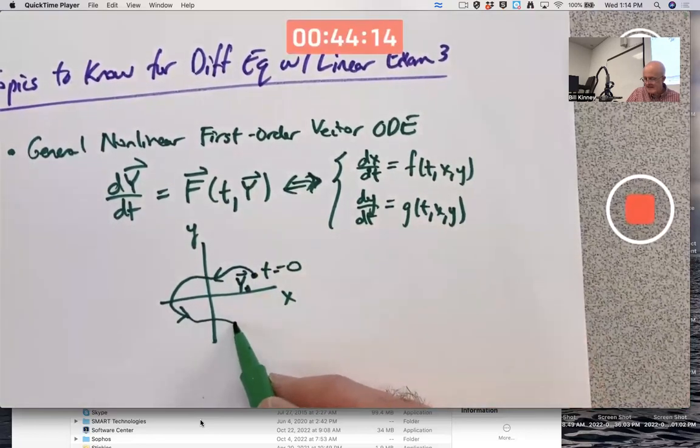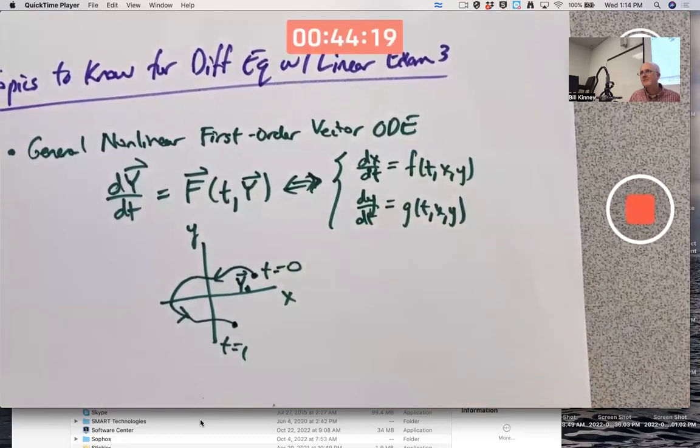And maybe at t equals 1, you're right here, say. And the arrow indicates the direction of motion of the curve as t increases. Parametric curves are something you learn about in Calculus 1, maybe a little in Calc 2 and multivariable calculus. Some of you might be in that at the same time here.